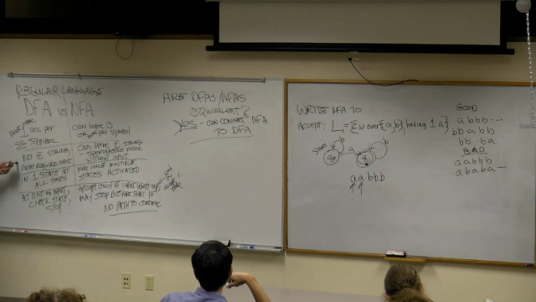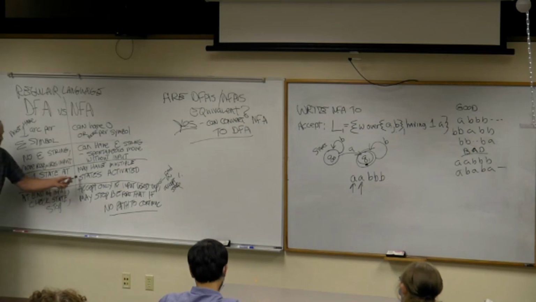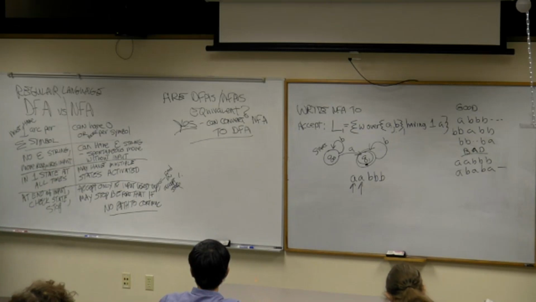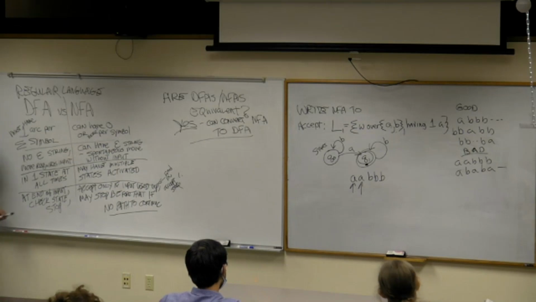You're in one state at all times. Well, you may have multiple states activated, but you could have one state activated all the time, so this meets that criteria. And at the end of the input, you check the state and stop. This one would use up the input if there is a path.